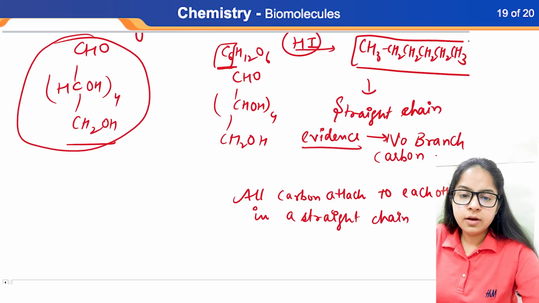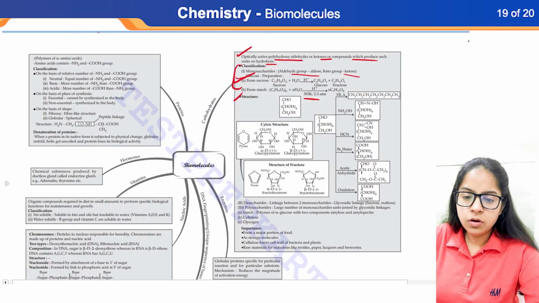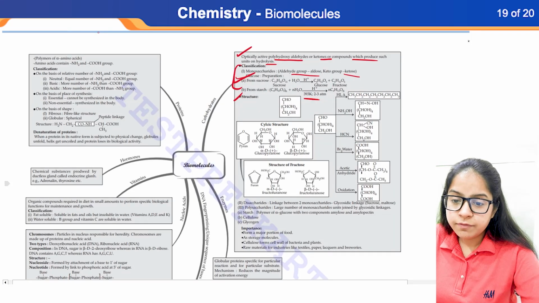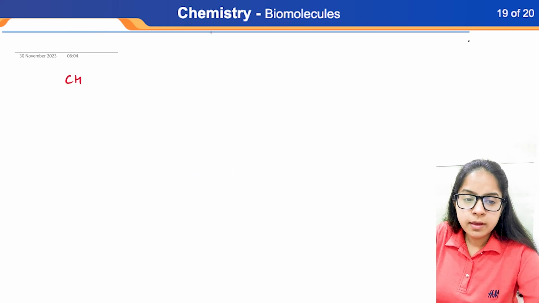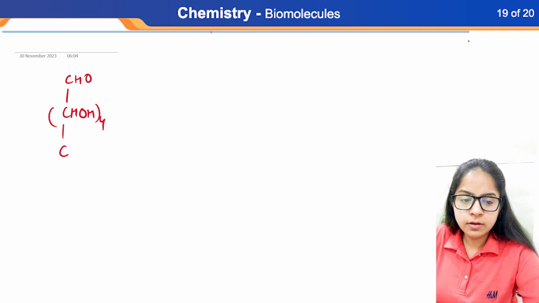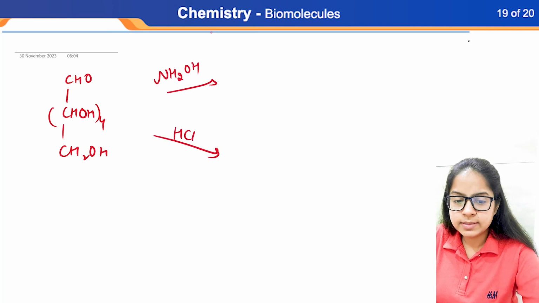Now the next one is to know whether there is a presence of a carbonyl group or not. For the detection of the carbonyl group, I am going to react this molecule with NH2OH and with HCN.